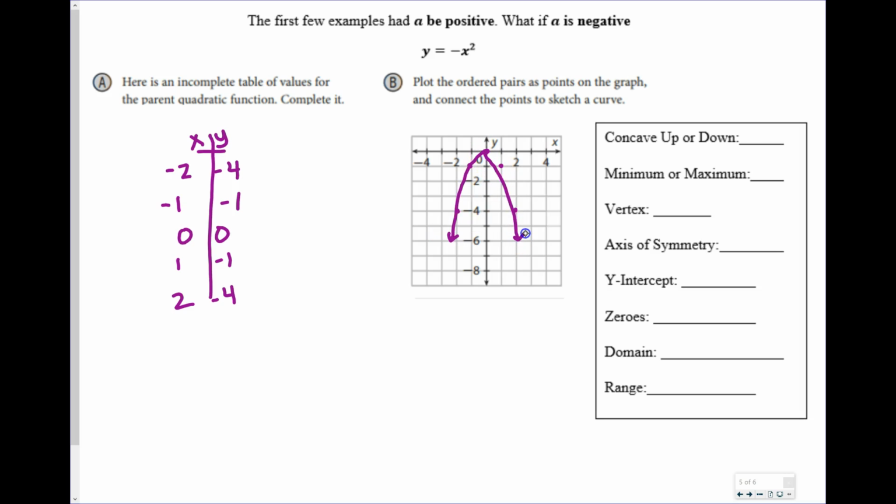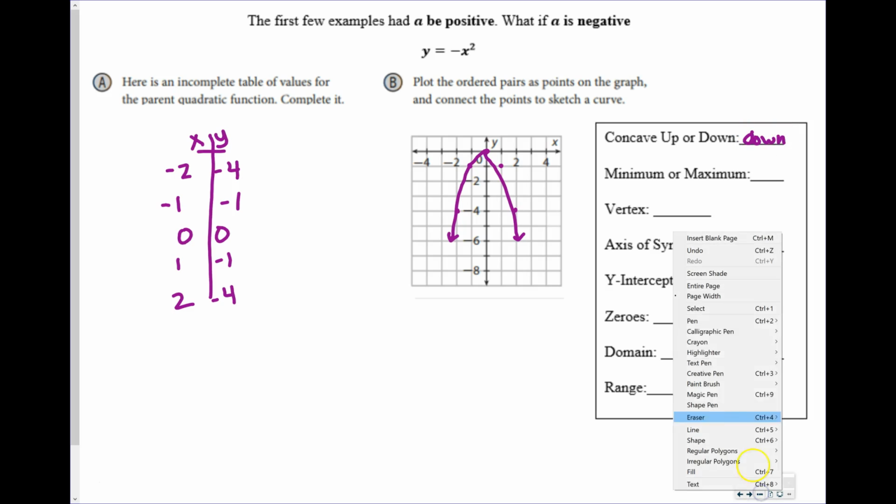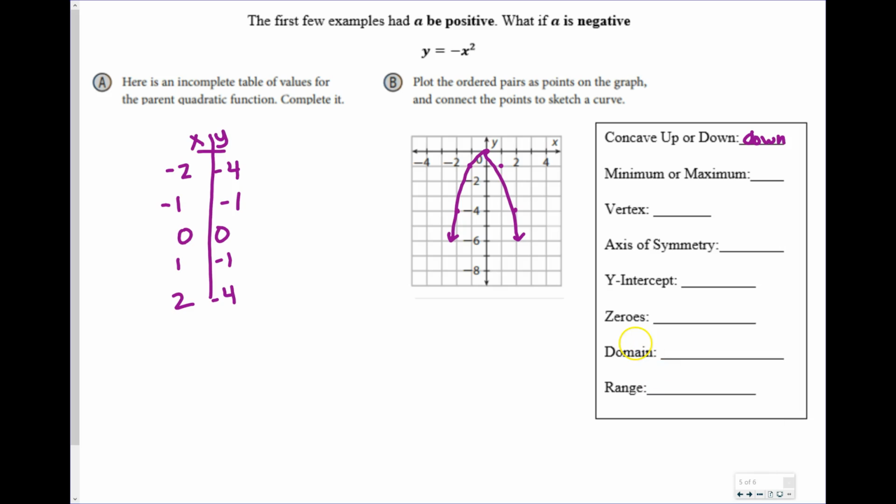Now this is still a parent function because it doesn't have any values in front of the x squared, but it's concave down. And the vertex now, is the vertex at the top? Yeah, it's the very highest point, so this is a maximum. It's still at 0, 0. Your axis of symmetry is still x equals 0 because it's still going through the middle.